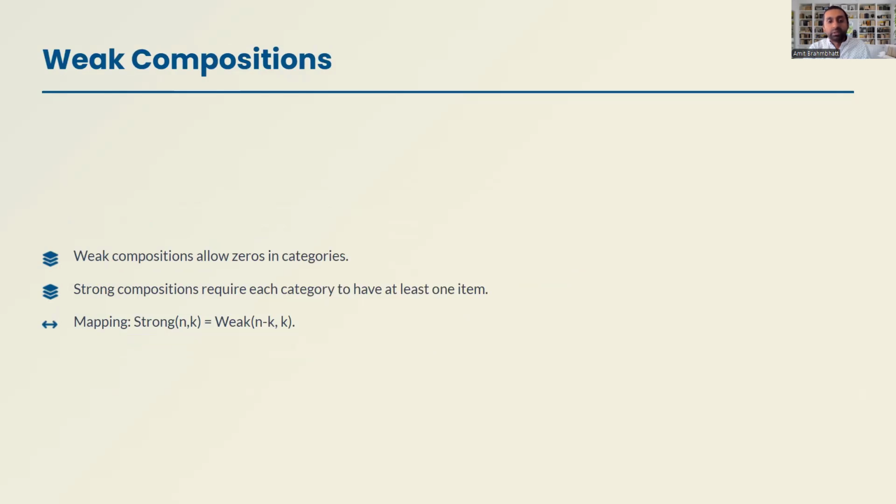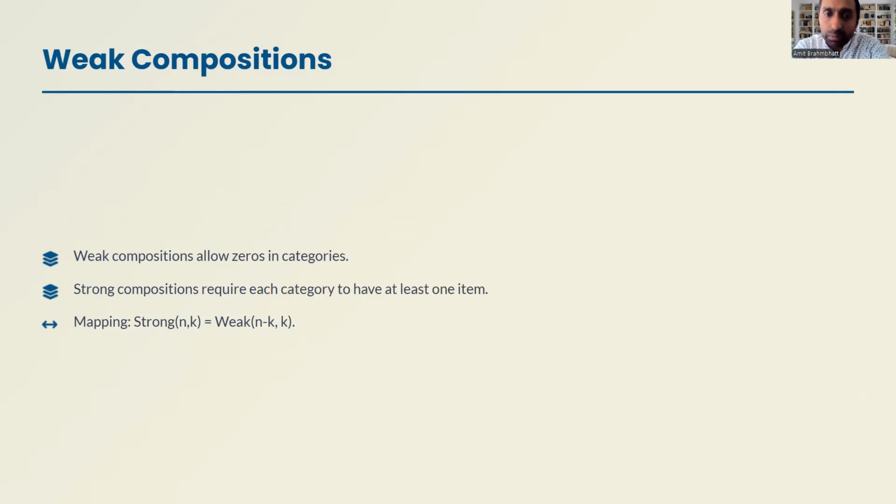Weak compositions. In combinatorics, distributing k items into n categories is referred to as finding a composition. A weak composition allows some categories to receive 0 items, which corresponds directly to our non-negative multi-choose formula.